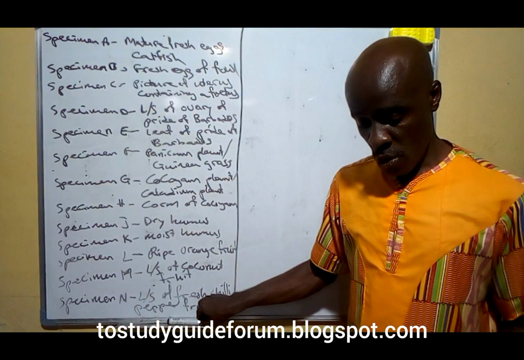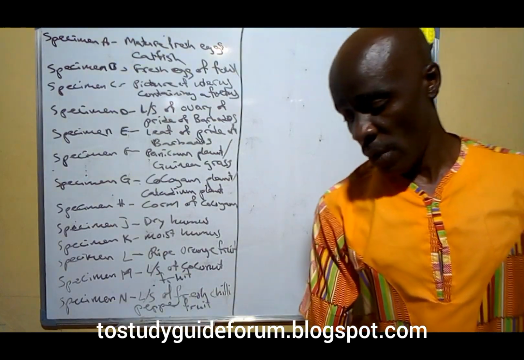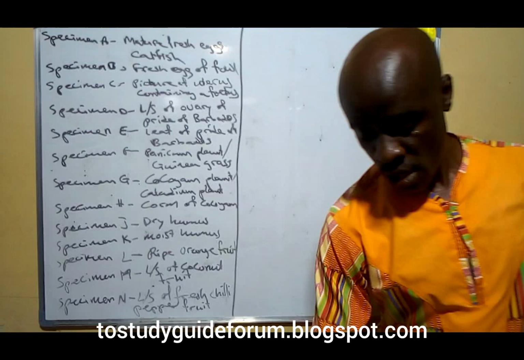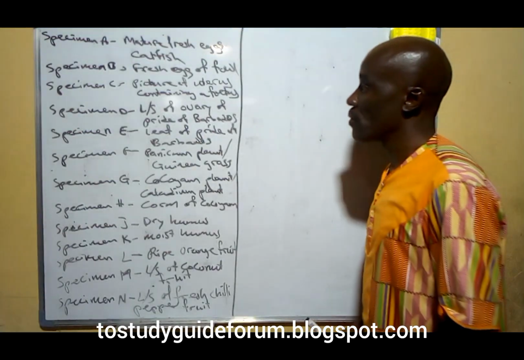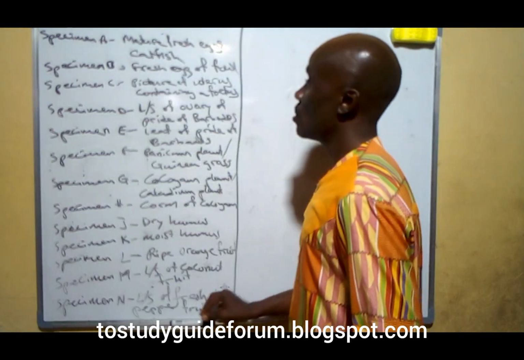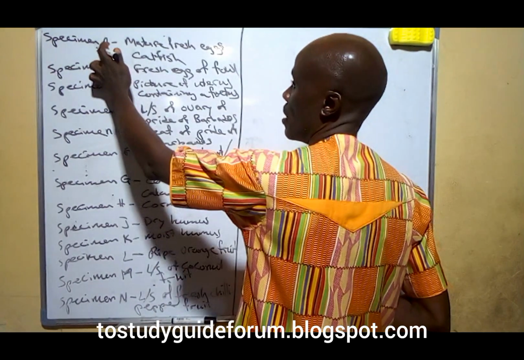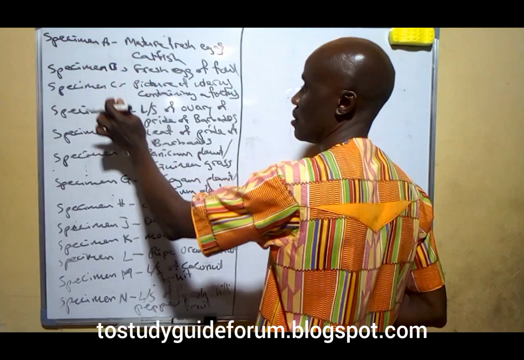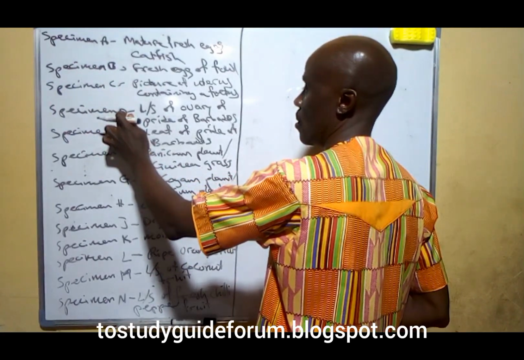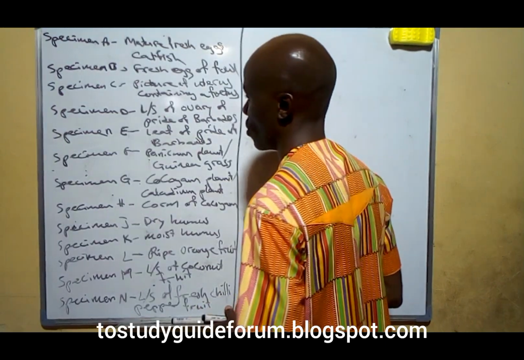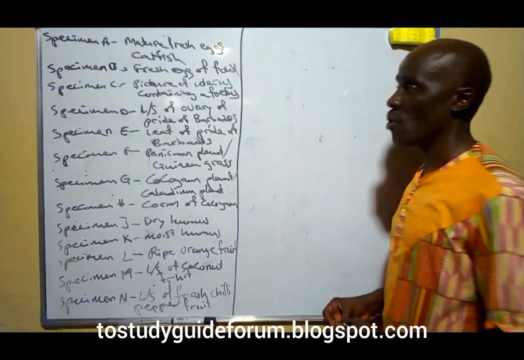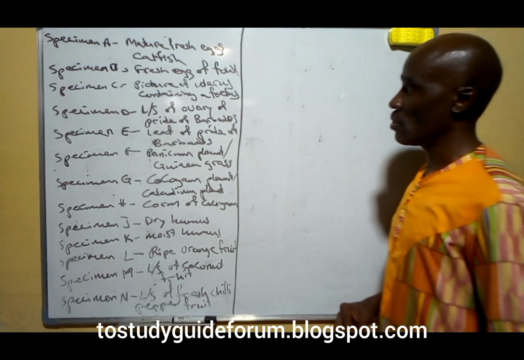So we're going to be looking at some of the questions that we're going to see in this exam. If you look at specimen A, B, C, D, all of them seem to have something in common. The four of them have something in common, and that thing they have in common is all about reproduction.